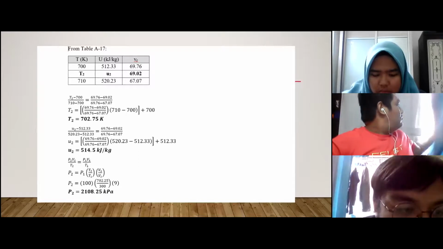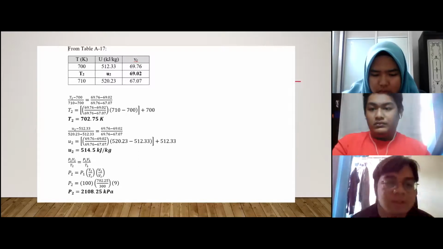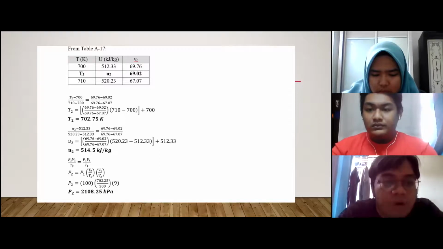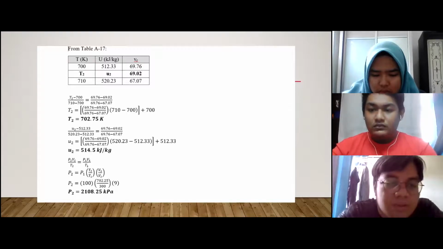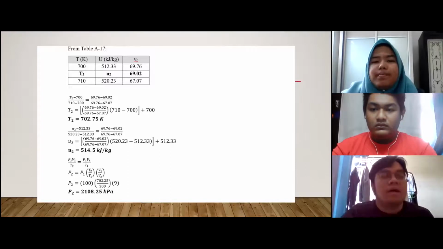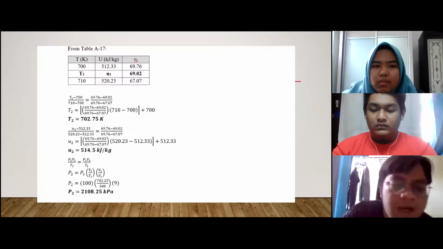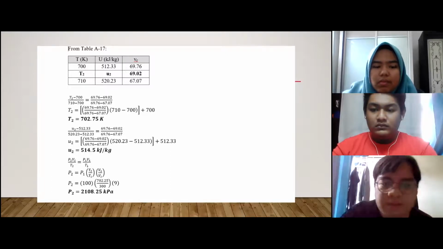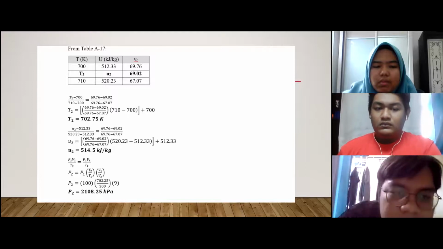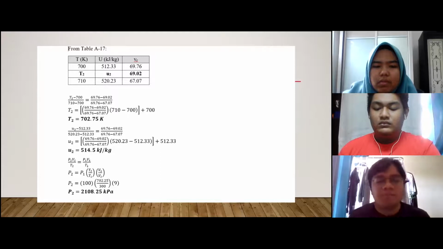To calculate the temperature for point 2, we're going to do an interpolation. We have the value from VR2. VR2 is between 69.7 and 67.07.